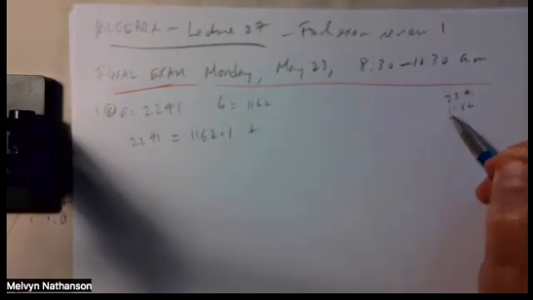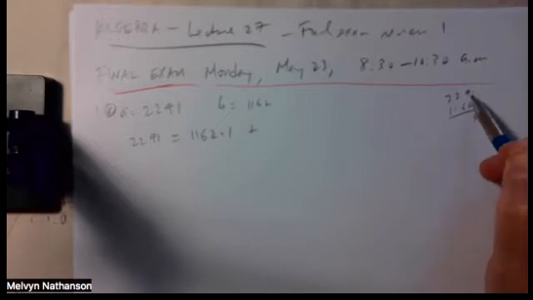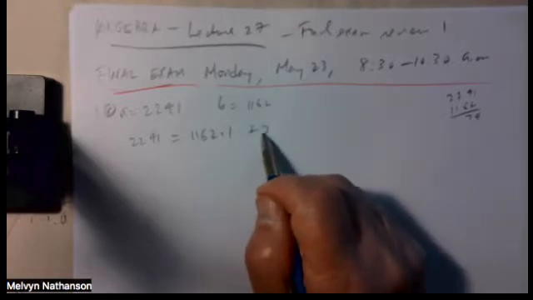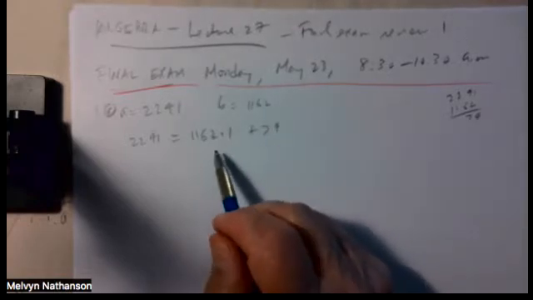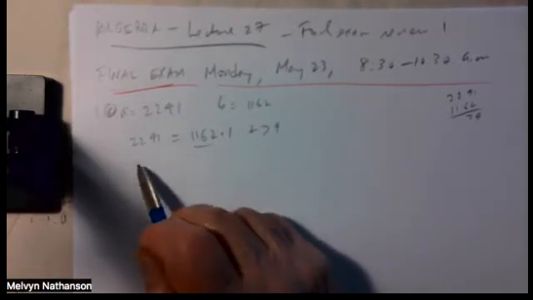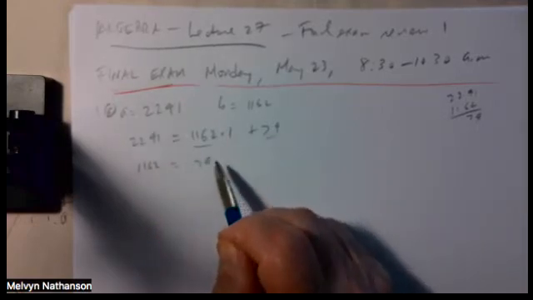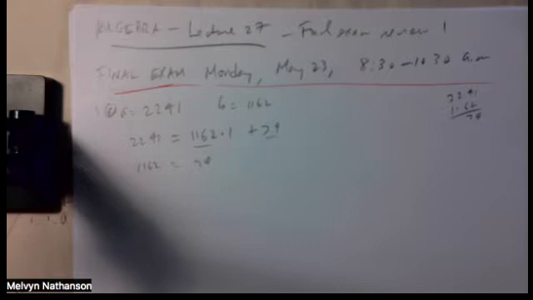2241, 1162, subtract. 79. And then you take 1162 and divide it by 79. And how many times does that go in?